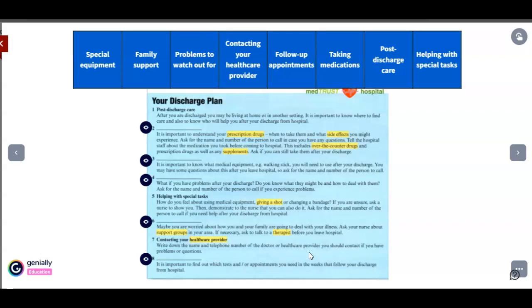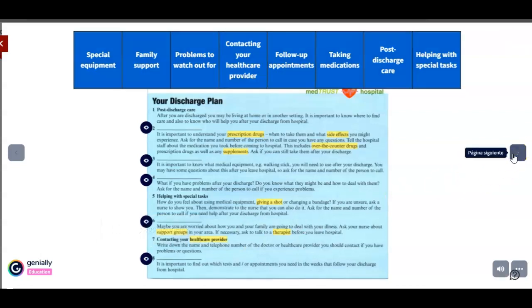So it could be either the doctor or the nurse in charge. Maybe in Mexico it's not very common that nurses can give a follow-up, but still you can give your phone number or your email address to the patient or the next of kin, so that they can contact you in case they need some help.